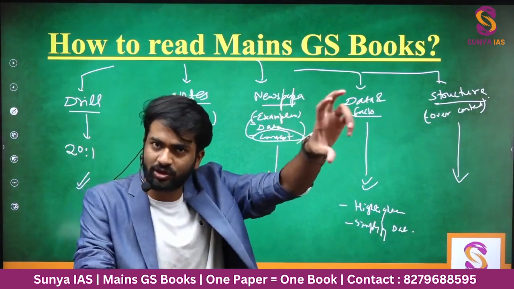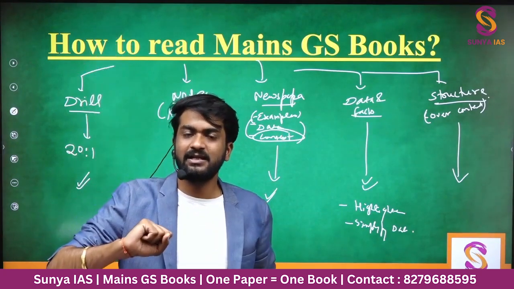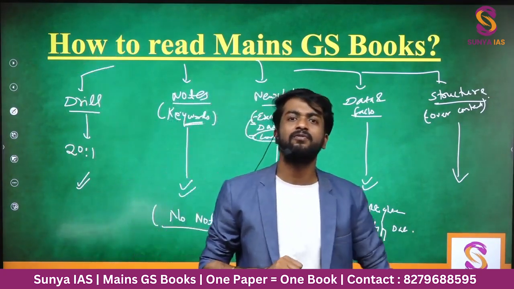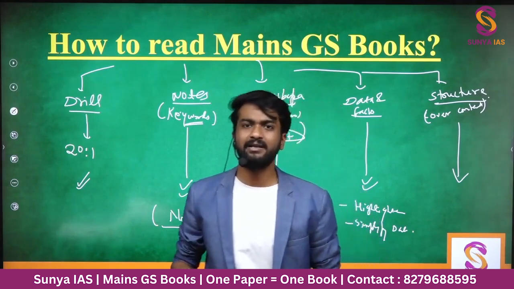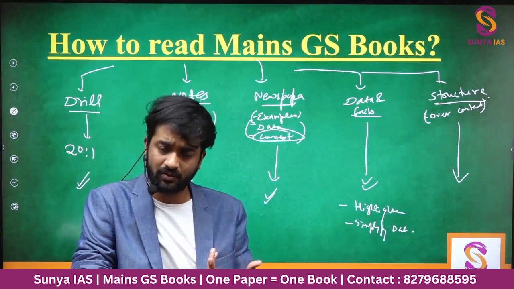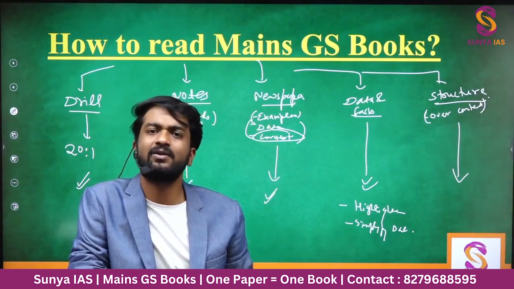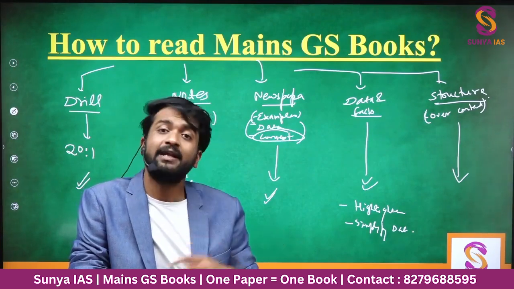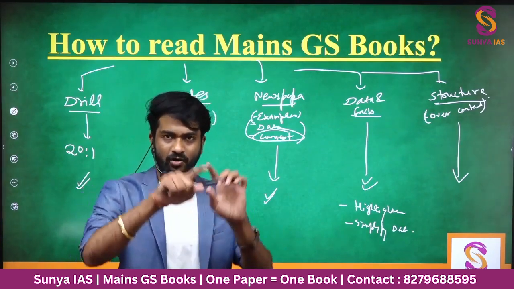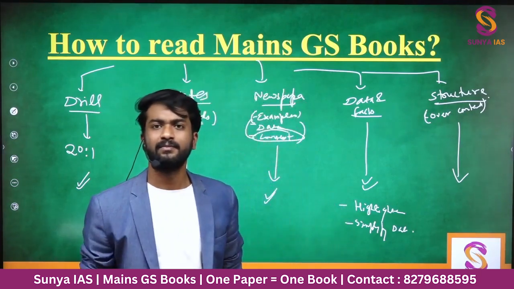There will be some issues on the front of voters, political parties, government, Election Commission of India, Model Code of Conduct, or maybe the Indian judiciary also. So that is how you will derive 2 or 3 points out of them.